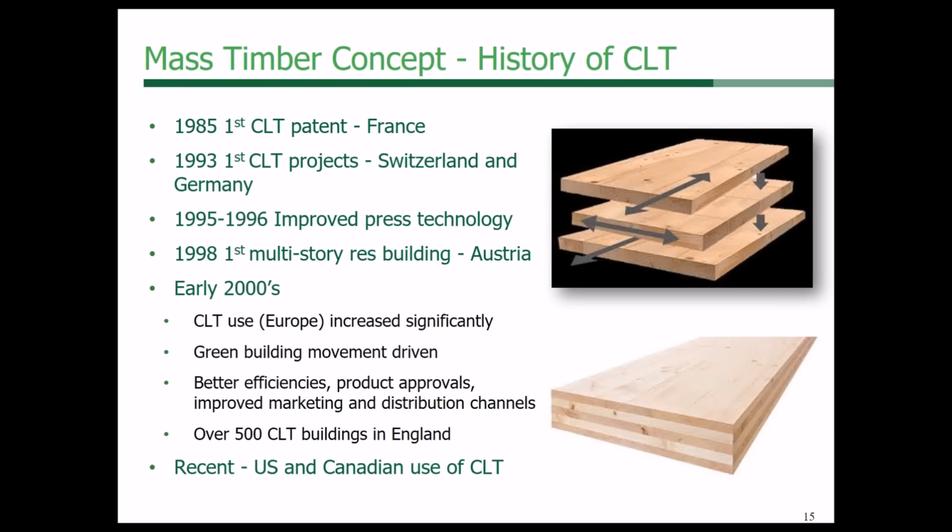The press technology and the manufacturing technology improved, and since the early 2000s there has been a significant increase in production and usage in Europe because of the green movement, because they want to have a smaller carbon footprint on their buildings. And now there are over 500 CLT buildings in England alone.